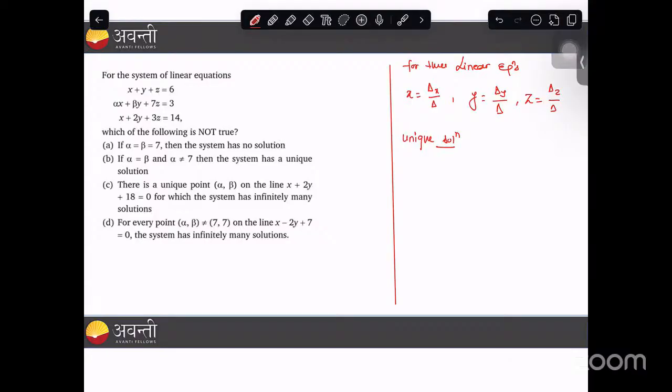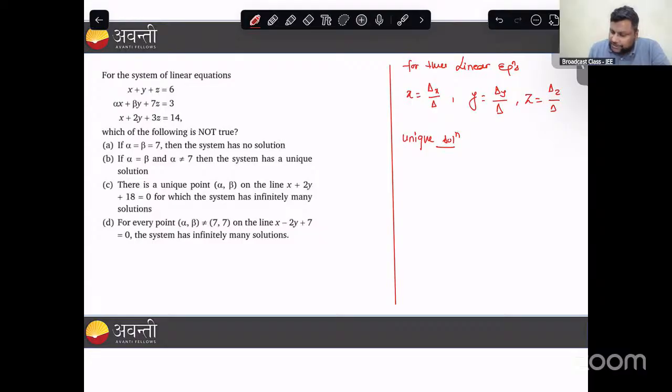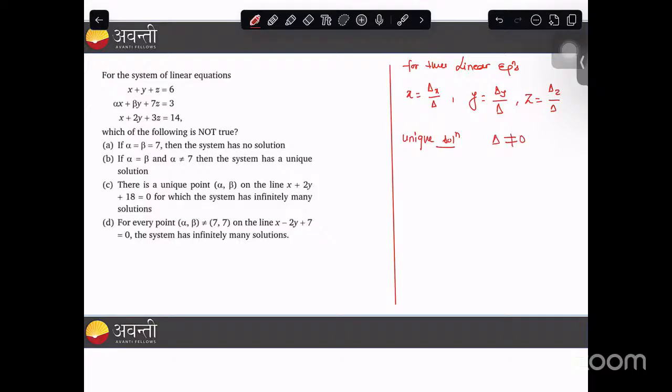Delta is not equal to 0. For unique solution, what did you say? Delta is not equal to 0. Not equal to 0. Okay.